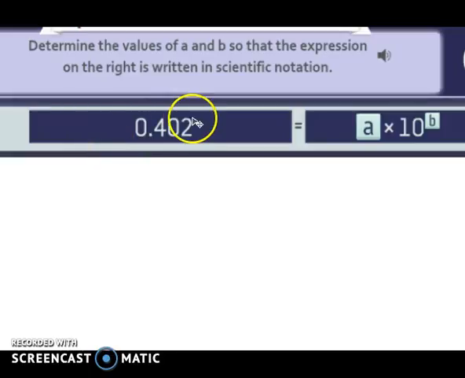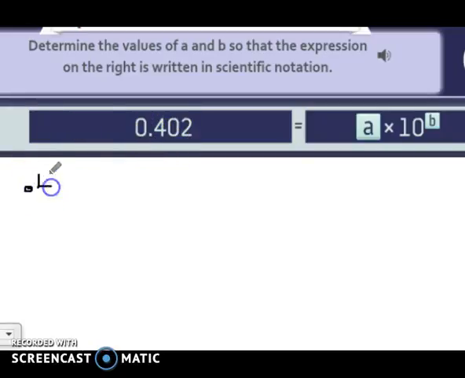Okay, so this one is the opposite. Look at this. We have a number that has a decimal in the front, so we're going to have to move that decimal to the right. If you move that decimal point to the right, you're going to get a negative exponent. And I know this is hard, but if you're taking a small number and to get it into scientific notation, you make it bigger. Let me show you what I mean by that.